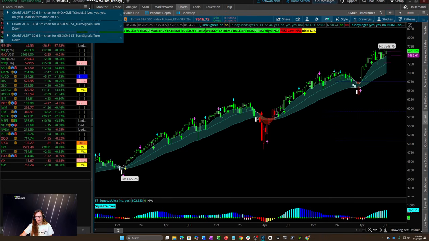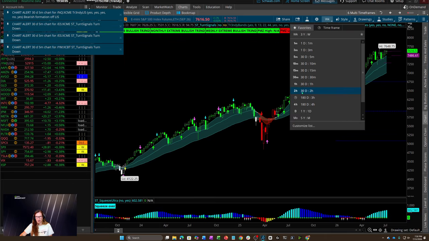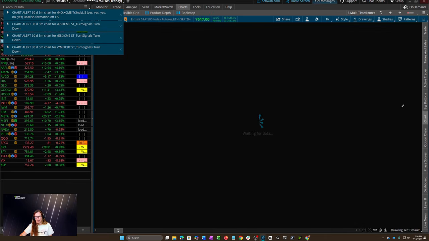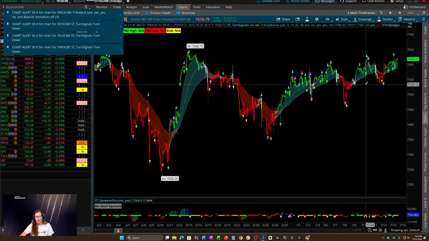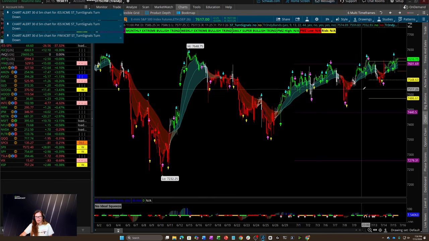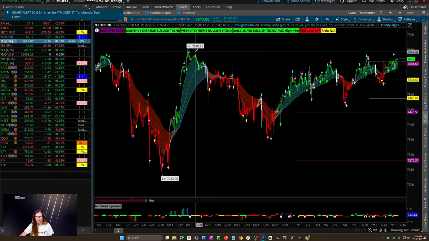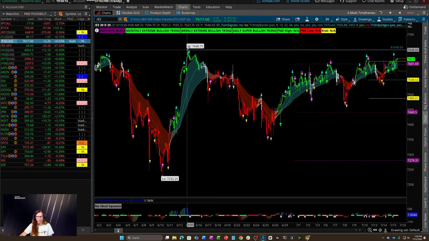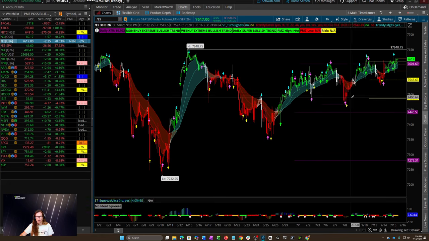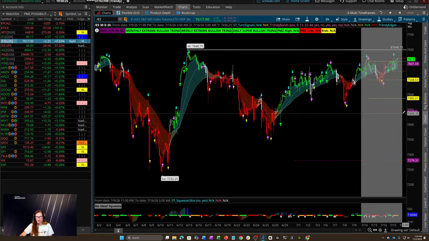All right, so I'm going to go to a smaller time frame chart, and I'm going to show you how I would find targets upside and potentially downside on the ES futures chart for a day trading plan tomorrow.